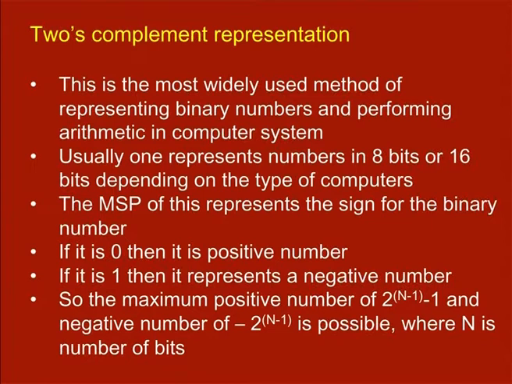If it is 0, then it is a positive number, and if it is 1, then it represents a negative number. So, the maximum positive number of 2 to the power of n minus 1, and negative number of minus 2 to the power of n minus 1 is possible, where n is the number of bits.